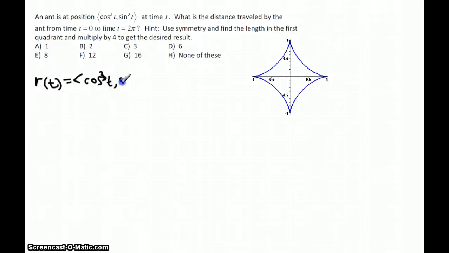And that makes r prime of t then equal to, the velocity vector is going to be the derivative of cosine cubed. What's the derivative of cosine to the third power? It's 3 times cosine squared, but then chain rule, times the derivative of cosine, negative sine.